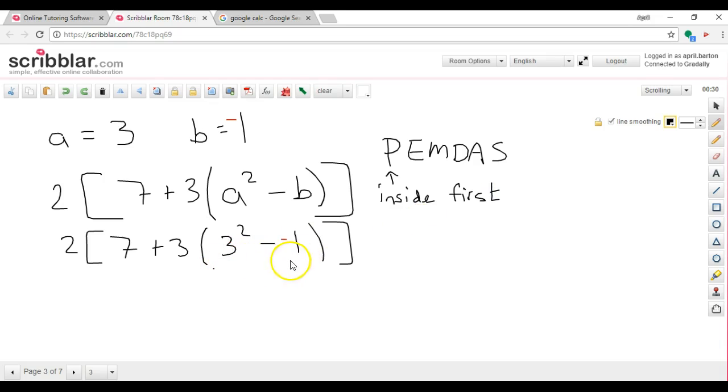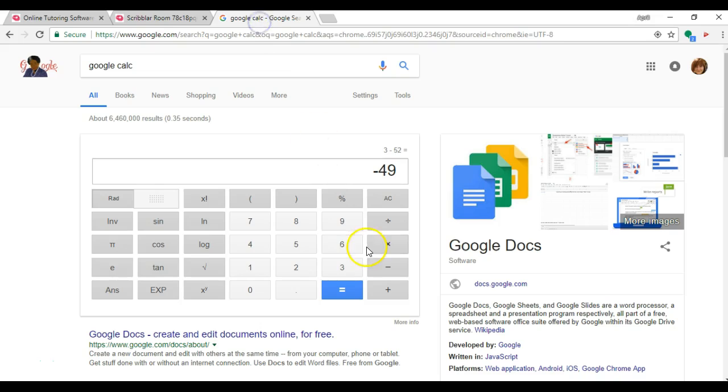So on this one, we need to do order of operations again. We say, okay, we do have an exponent. Exponents come first. 3 squared is 3 times 3. Or if you want to plug it into a calculator, it can depend on the type of calculator.